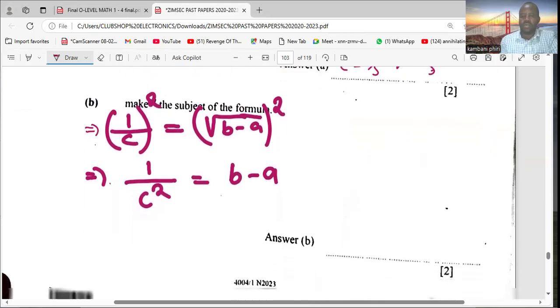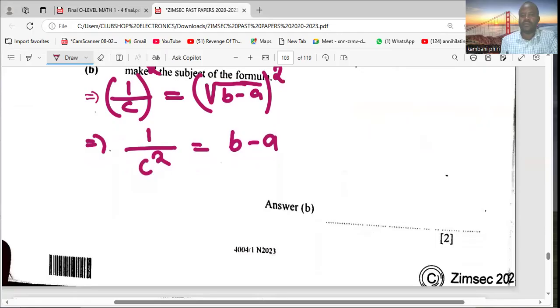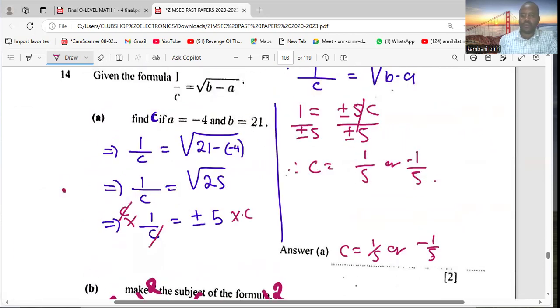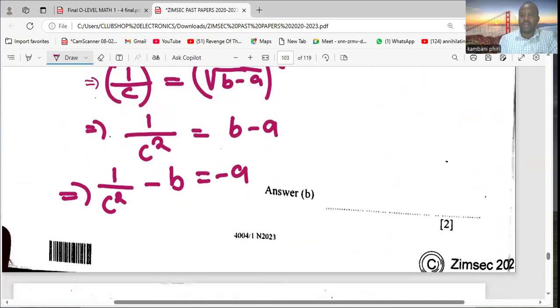So what do we have? Therefore, we are going to have 1 over c squared minus b is equal to negative a. So multiplying both sides by negative 1. So what do we have if you multiply by negative 1?